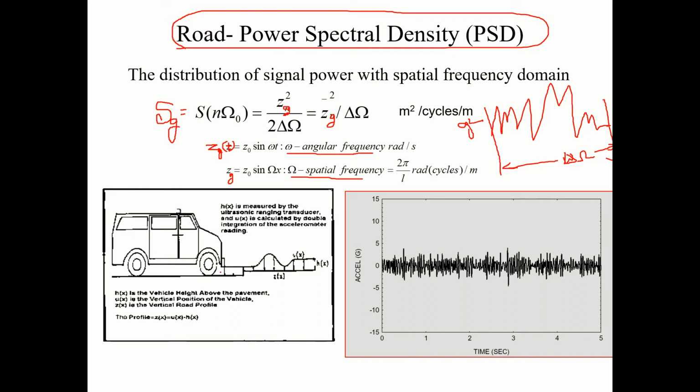So we can mount an accelerometer on the vehicle, and there are various ways of collecting the road profile. We can run the vehicle with the sensor and obtain the road profile. You see here an acceleration versus time graph we can obtain. Also acceleration versus distance is possible.